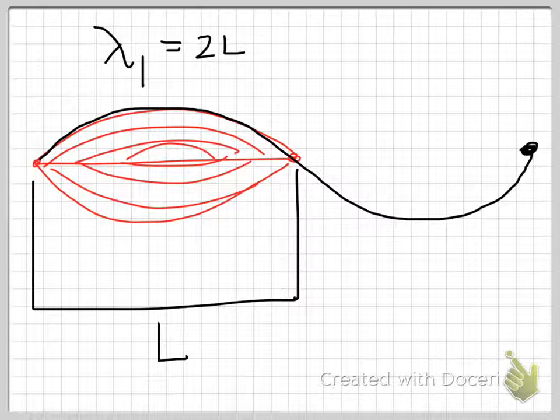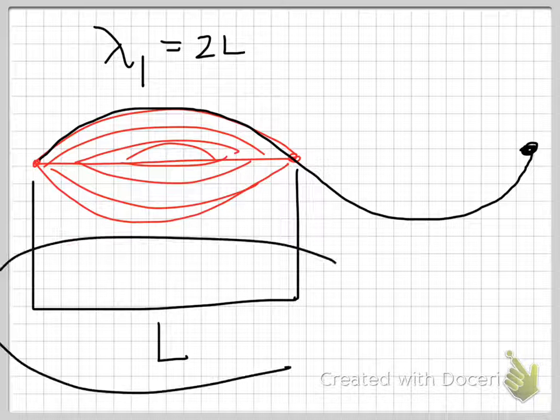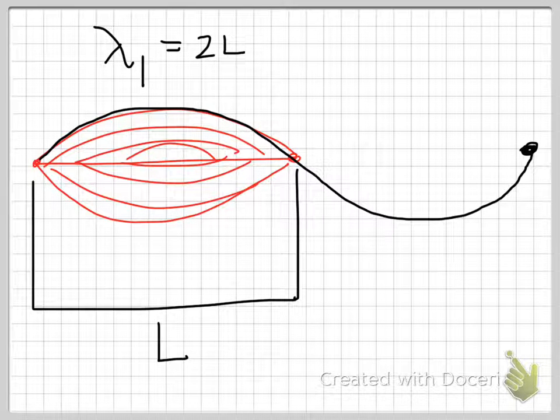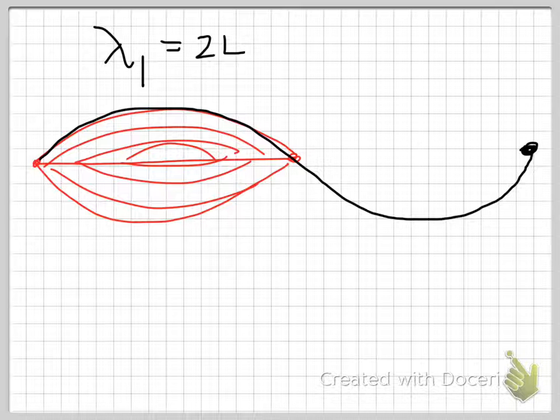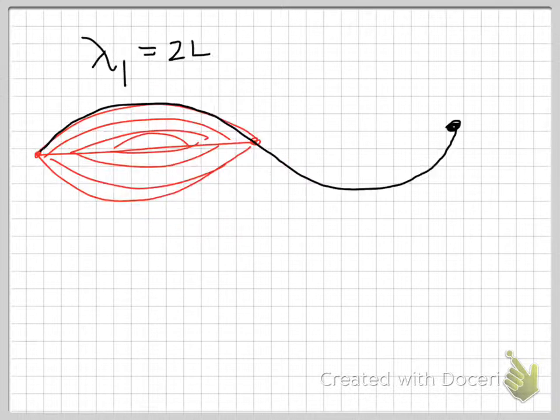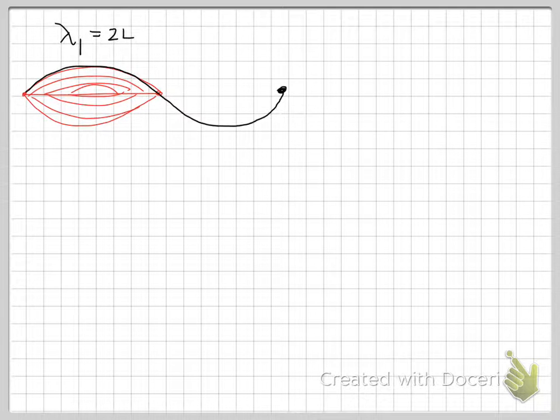Well, I'm going to shrink this. Actually, I'm going to get rid of this, and then shrink all this. So let's look at the second harmonic on that same string. Whoops, string only goes to there.